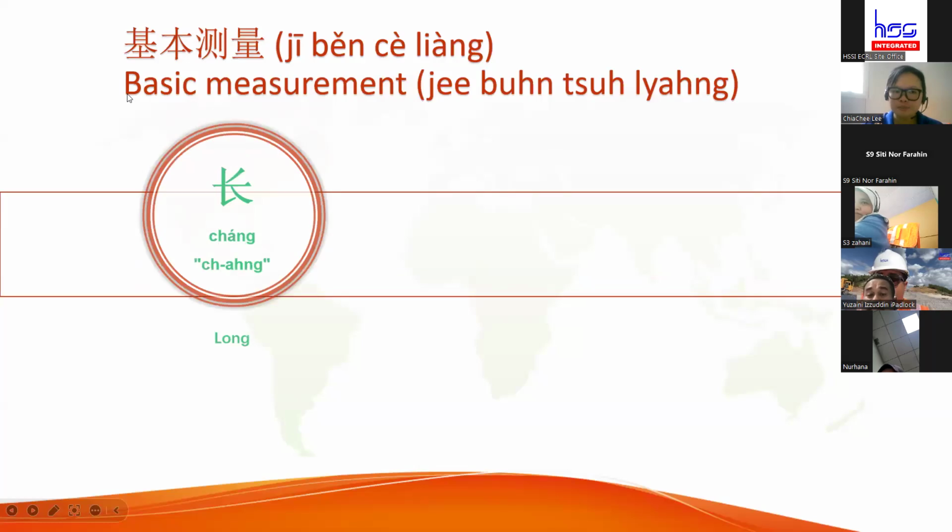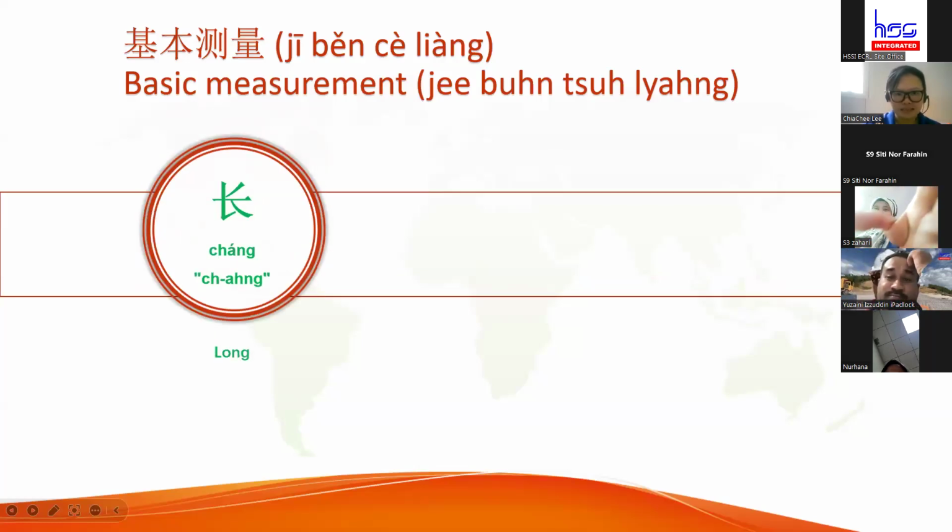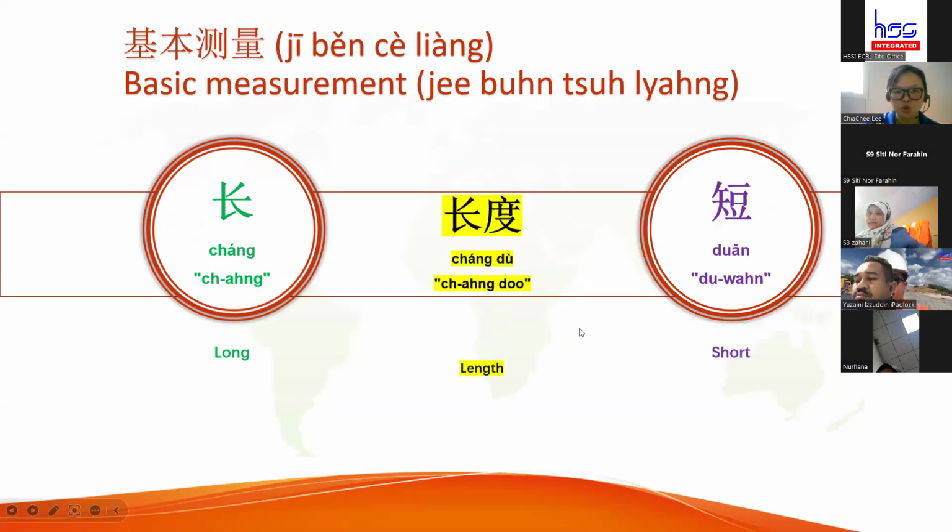We are having this basic measurement as 基本测量. My team and I introduced 4 pairs. The first pair is length. So we have 长, 长 is long, in comparison to short, which is 短.